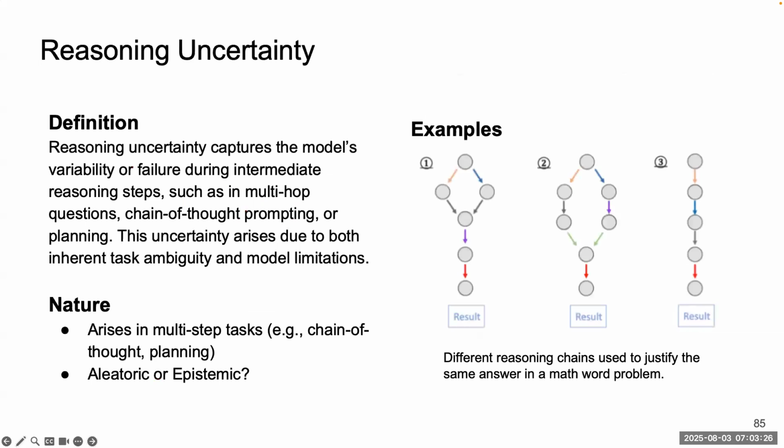Reasoning uncertainty here refers to the variance that exists in the reasoning chain. If you talk about reasoning, you have certain steps, and different steps are connected towards the final output. For example, on the right-hand side, we are visualizing three possible reasoning processes when a language model generates its outputs.